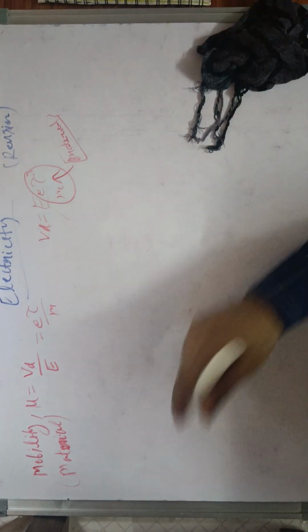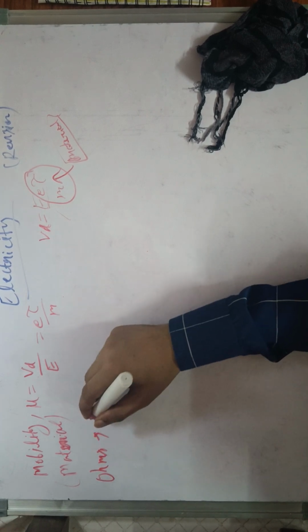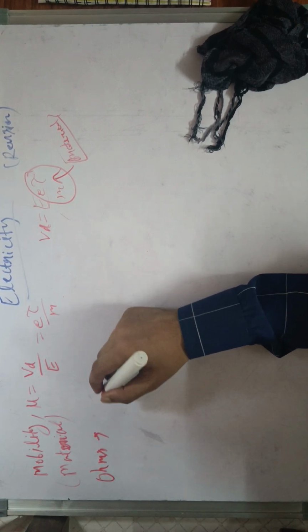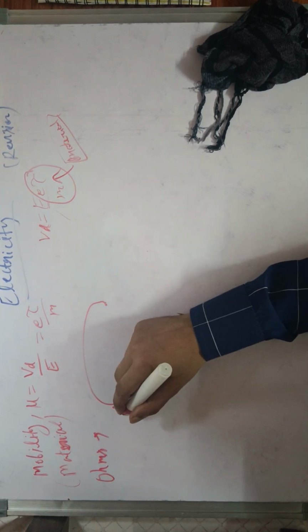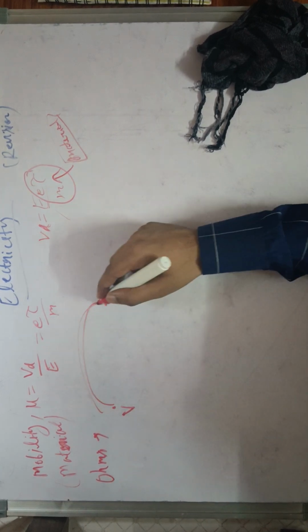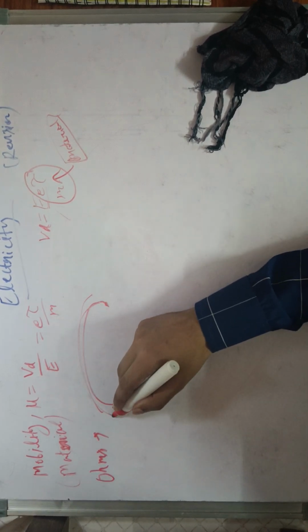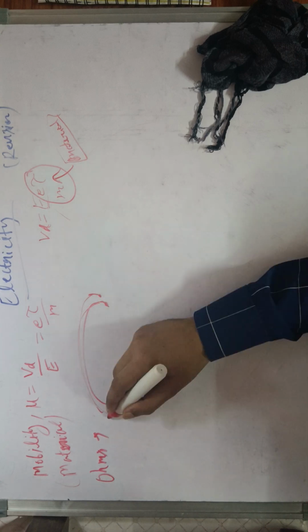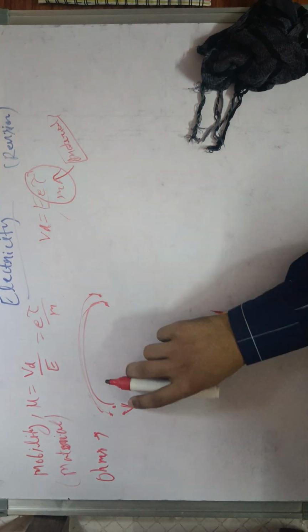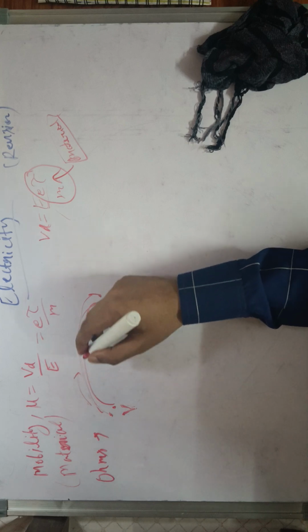Now Ohm's law simply says that if there is some potential difference V across two points, then there will be some current flowing in this wire.